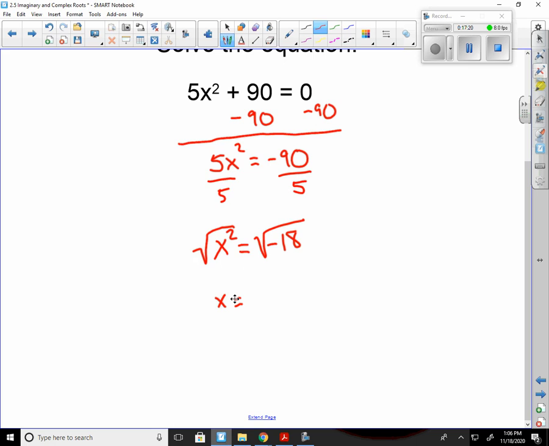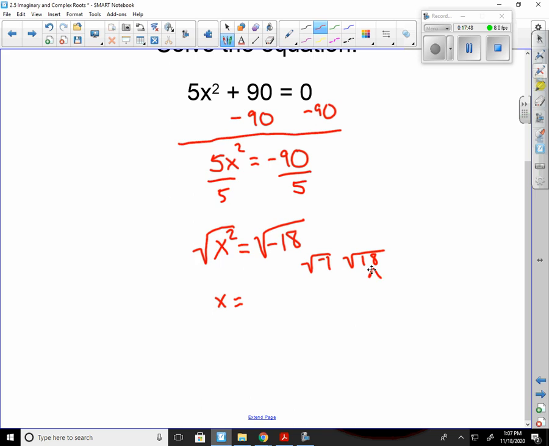There are 4 steps, sometimes 5 steps, with imaginary numbers. What do we do with this negative 18? Right, we'll break it up first and put the negative 1 and then 18 and break that up.